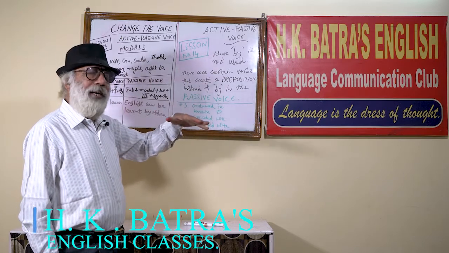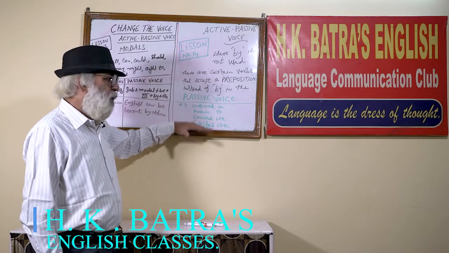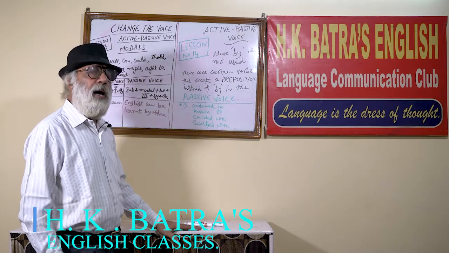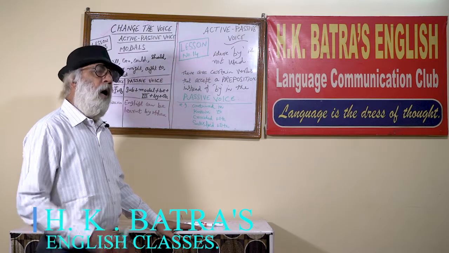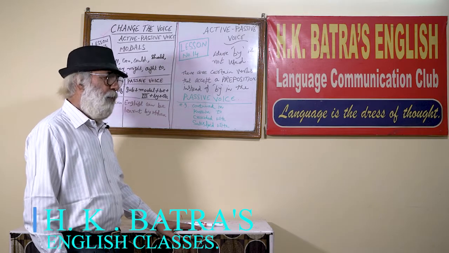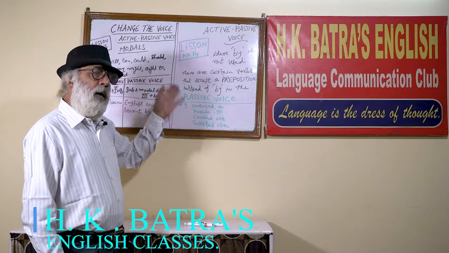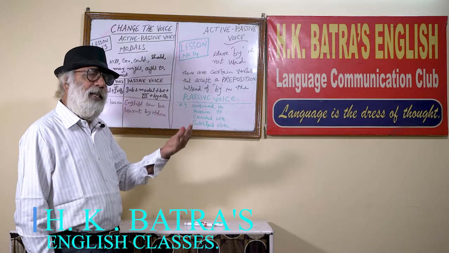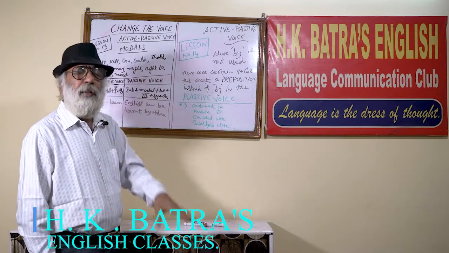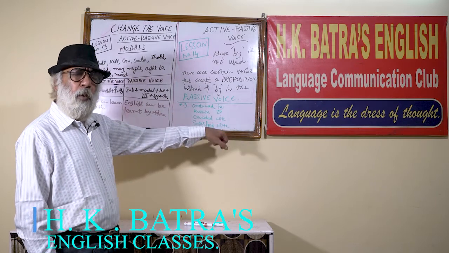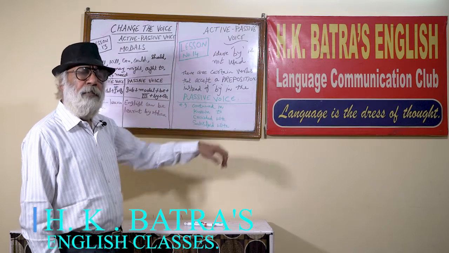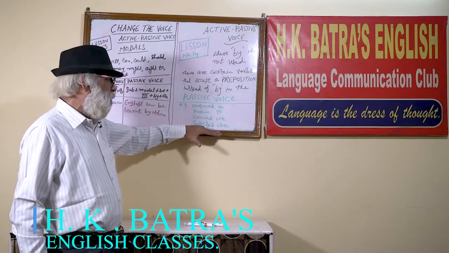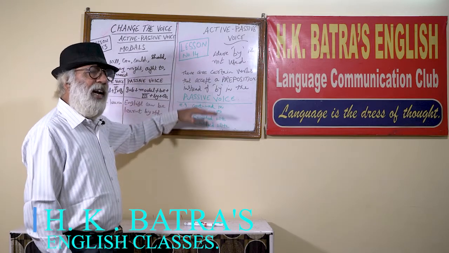There are about 25 or 26 third forms with which we use a preposition in the passive voice. So in active voice the first form is given, and in the passive voice you will use the third form, but not with by, but with a fixed preposition. Fixed preposition, mind it.